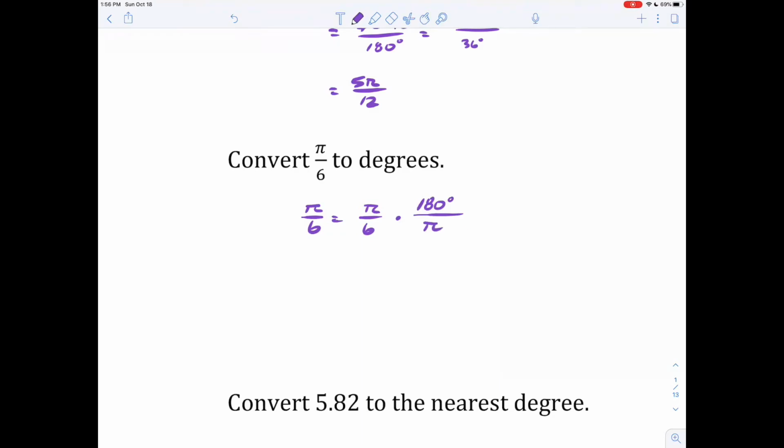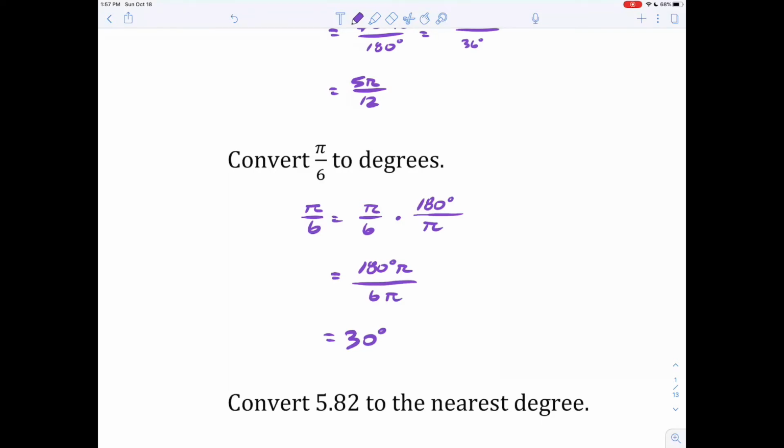So we'll have 180 degrees over pi. Nice. In doing that, we'll do some simplification. We have 180 degrees times pi over 6 times pi. Well, 180 degrees divided by 6 is just 30 degrees, and the pi's eliminate. So pi over 6 is equal to 30 degrees.